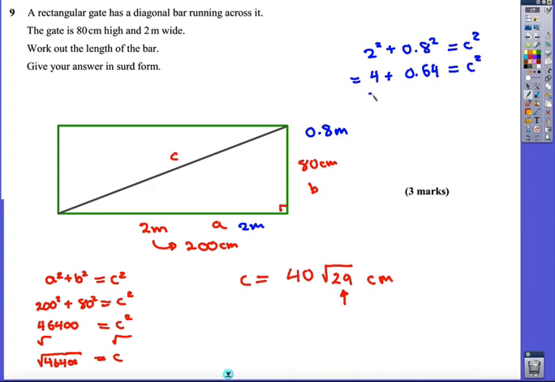So c squared is equal to 4.64. So square root on both sides, c is equal to square root of 4.64.